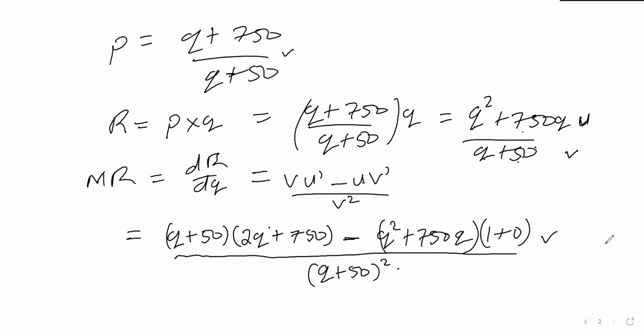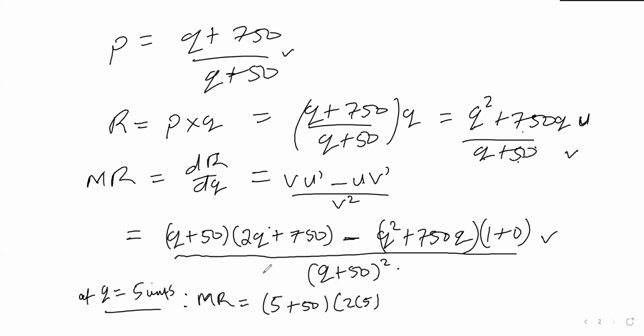Now sometimes they would say that you should find the marginal revenue when Q is equal to 5 units, for instance. Then at this stage, after getting your expression for the marginal revenue, you can say at Q equals 5 units, our marginal revenue will be, substitute 5 in place of Q everywhere in your expression.